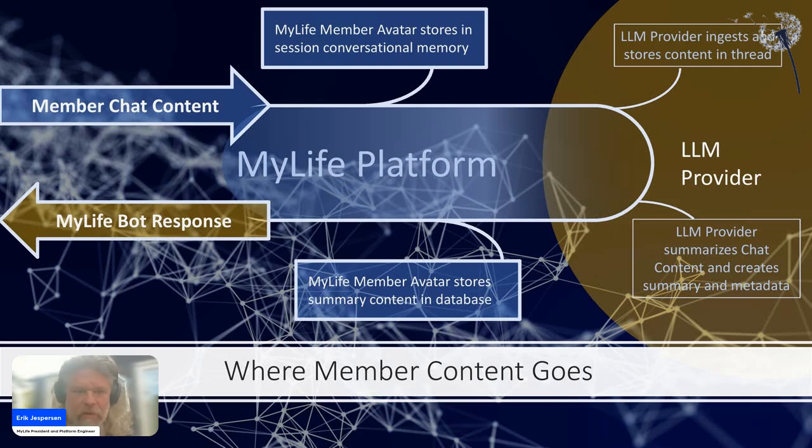So this is a high-level diagram of the request process through MyLife's platform architecture. Let's discuss it. As you put your content in, it goes through your member avatar. The member avatar, as you can see up at the top, stores it in local memory.